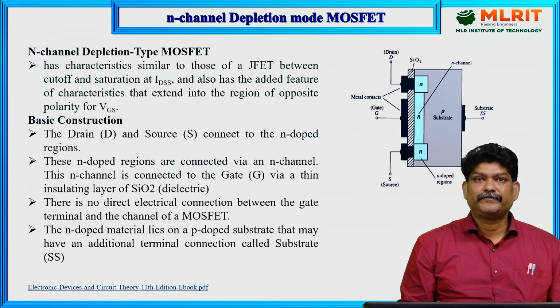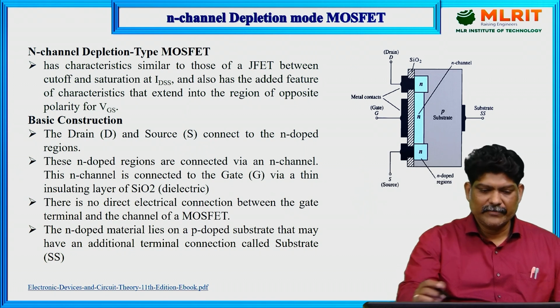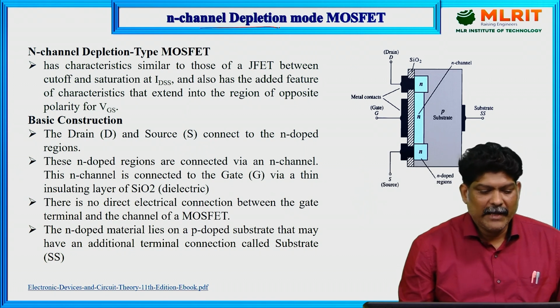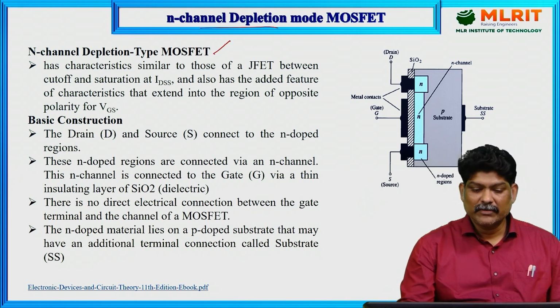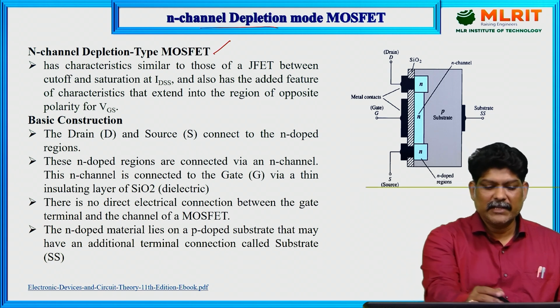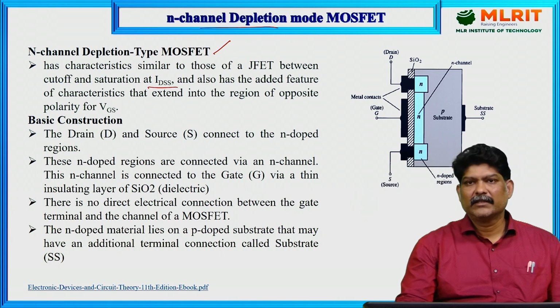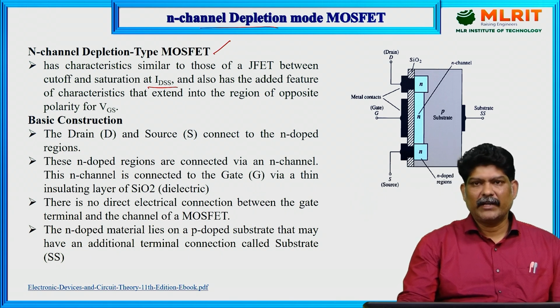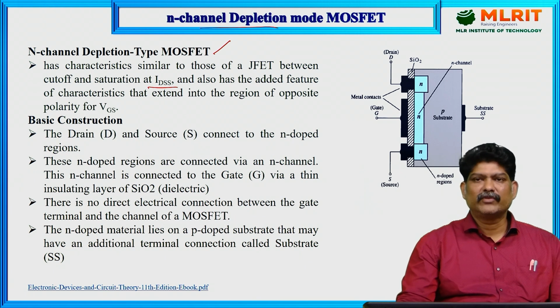So let us start with the N-channel depletion mode MOSFET. The N-channel depletion type MOSFET has characteristics similar to those of JFET between cutoff and saturation, that is IDSS. IDSS stands for the output drain current when the gate is short circuited, or VGS is equal to 0.